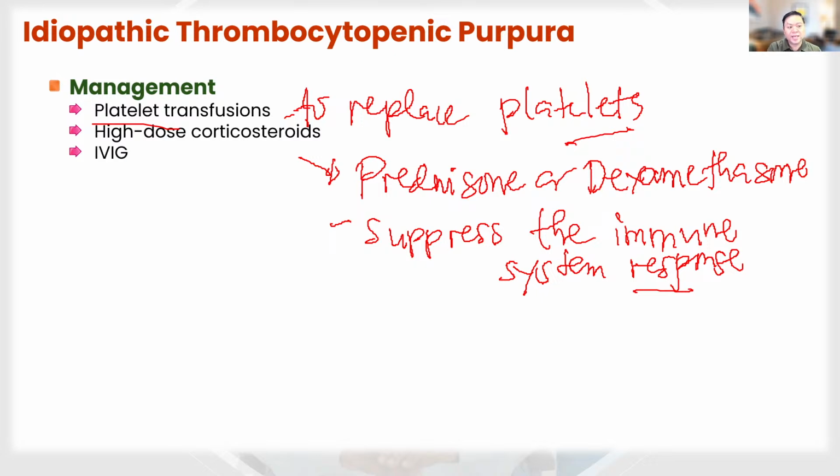Another is we're going to have to administer the IVIG, which is the intravenous immunoglobulin G. And this is going to contain purified antibodies. IVIG actually is such a wonderful treatment.